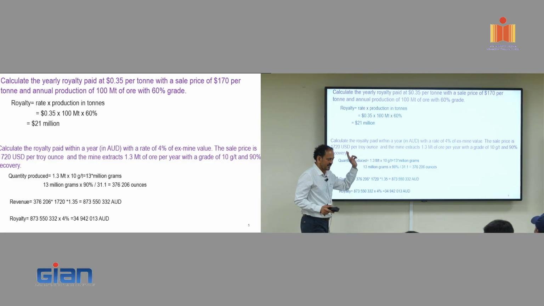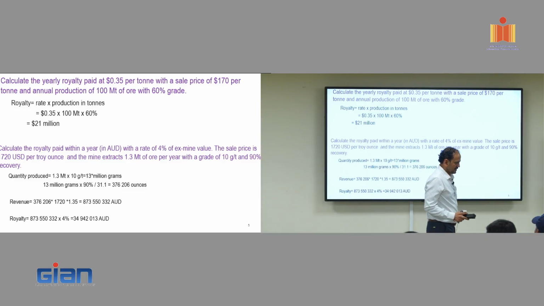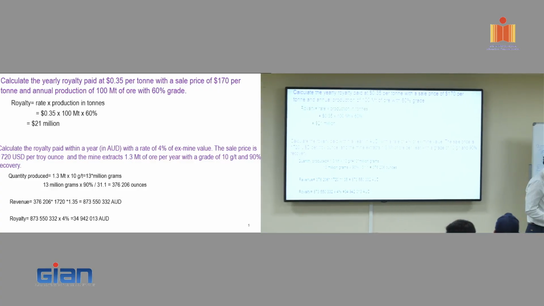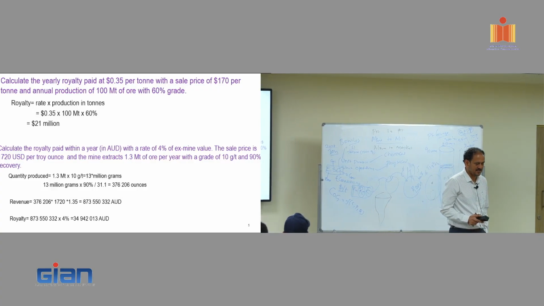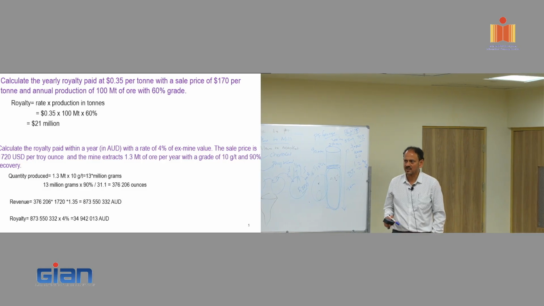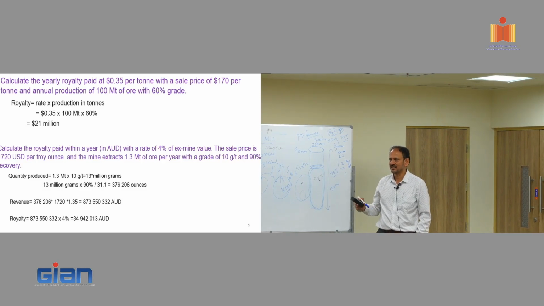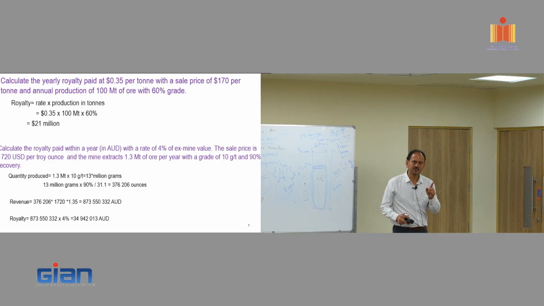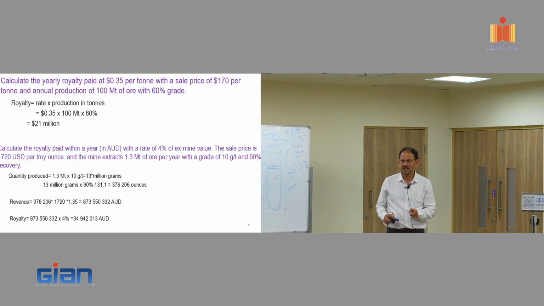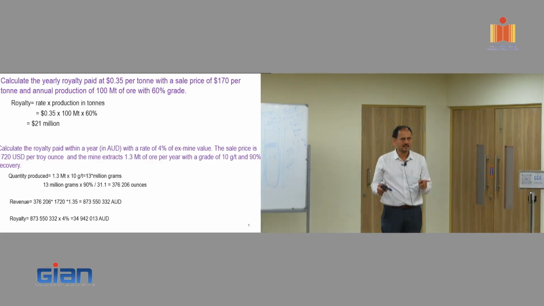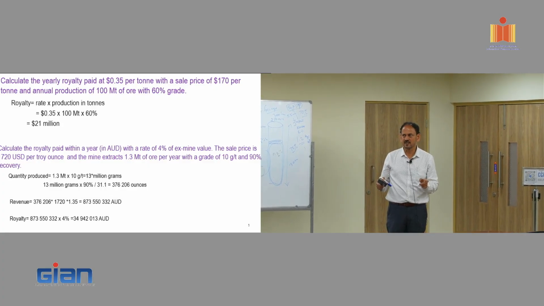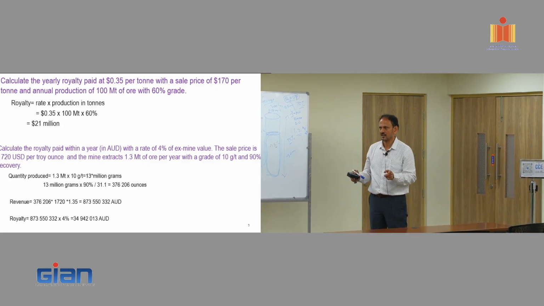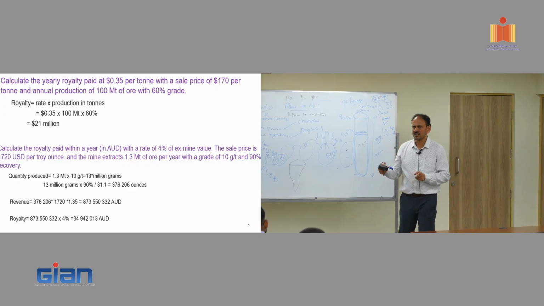By the way, in some cases we use tons, in some cases percentages, in some cases grams per ton, in some cases ounces. Even to express concentration, in some cases we use ppm. For most critical minerals we use ppm. In some cases we use ppb, parts per billion. Can someone tell me what the ppm and grams per ton equivalent is? Anyway, these are some conversions that you can learn.